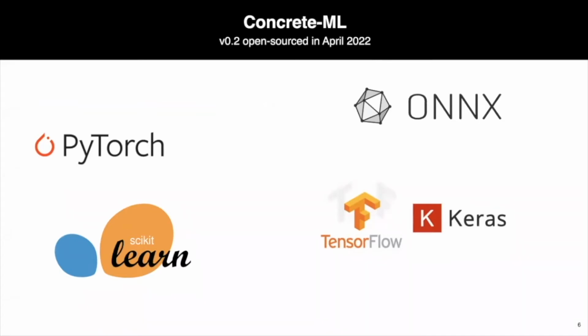We have tried to make the tool as simple as possible to use for a non-cryptographer, and notably for data scientists. So we have tried to be as familiar as possible to these people.